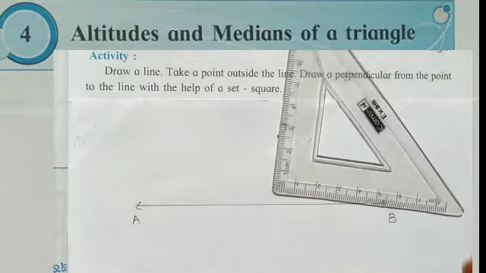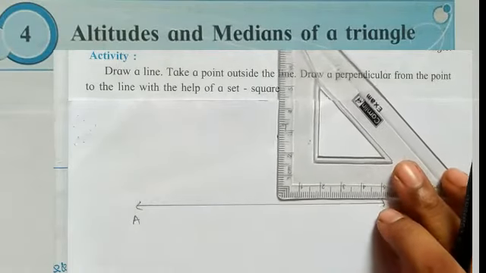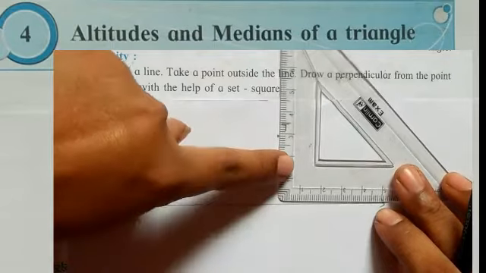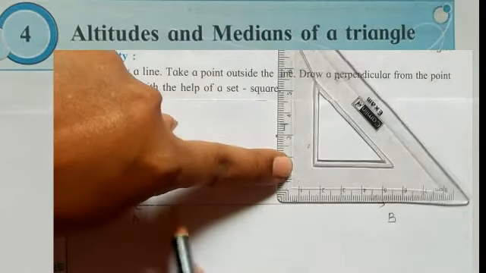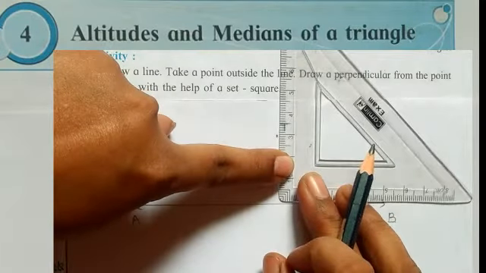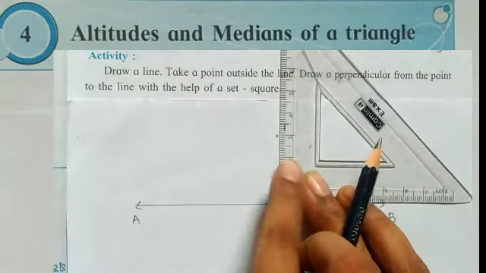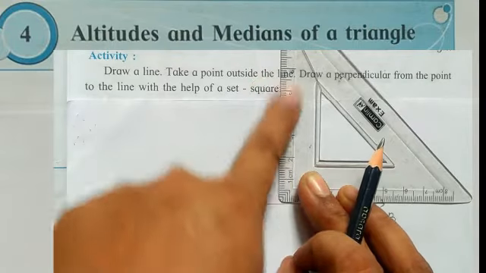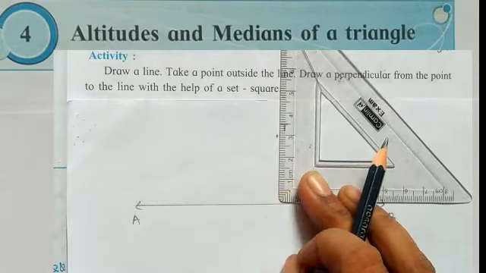Now let's place the set square this way. The base of the set square should be towards the line AB, and then we have to adjust it that way, so our point T will be at the standing position of the set square.